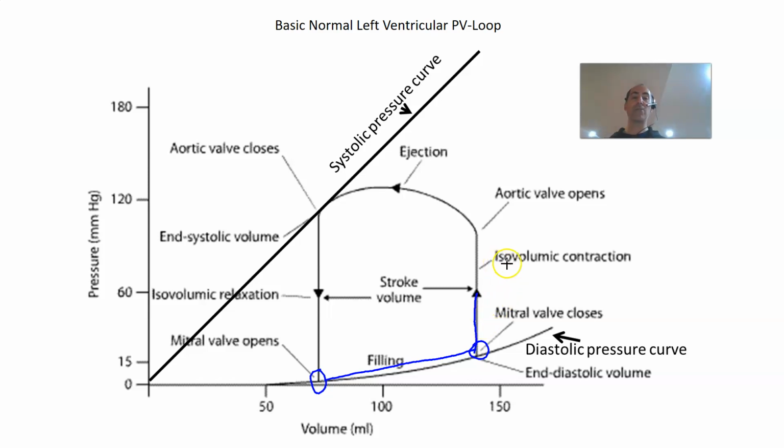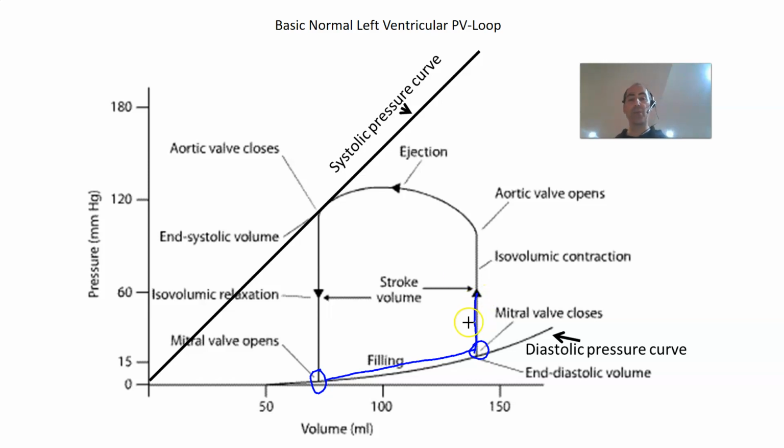Iso meaning no change in length, just like an isometric contraction of a skeletal muscle, this is the equivalent in the heart. So you fill the chamber, pressure's going up, volume's going up. This valve closes. Now the heart starts to contract the left chamber and it's building up pressure, but there's no change in volume because the blood can't go anywhere.